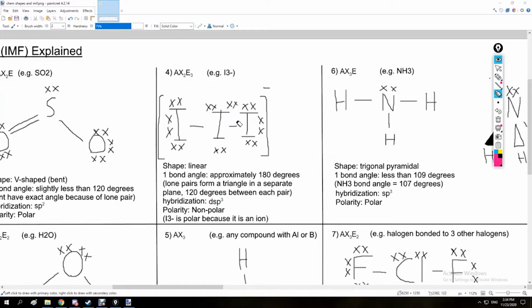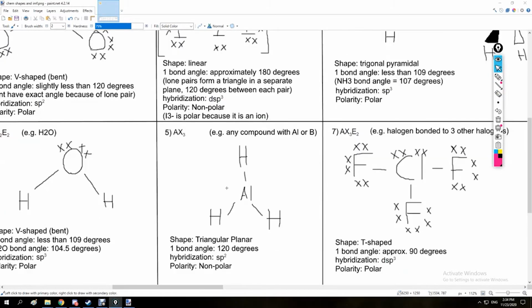So moving on, the next shape, now we have 3 outer atoms instead of 2, AX3. An example is any compound with aluminum or boron, since there are exceptions to the octet rule and they only need 6 electrons around them. You can see here there's going to be a 120-degree bond angle between each bond, 120, 120, 120, and there are going to be 3 vectors that look like this, and they're all going to cancel out.